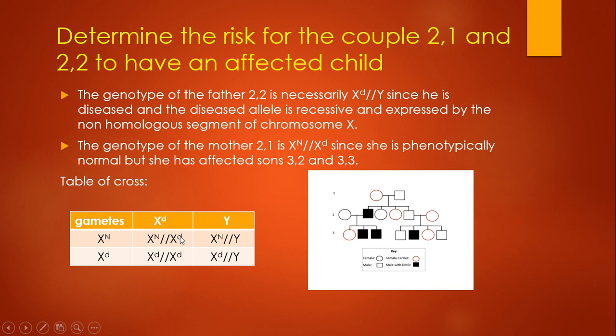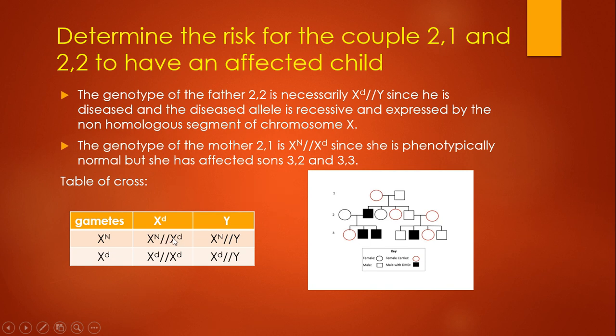So every child born has a 1/4 risk to be a female with a normal phenotype and with a genotype of XNXD, a 1/4 risk that the child will be a male normal with genotype XNY, another 1/4 risk for the child to be a female affected having genotype XDXD, or a 1/4 risk for a male who's also affected with the genotype XDY.